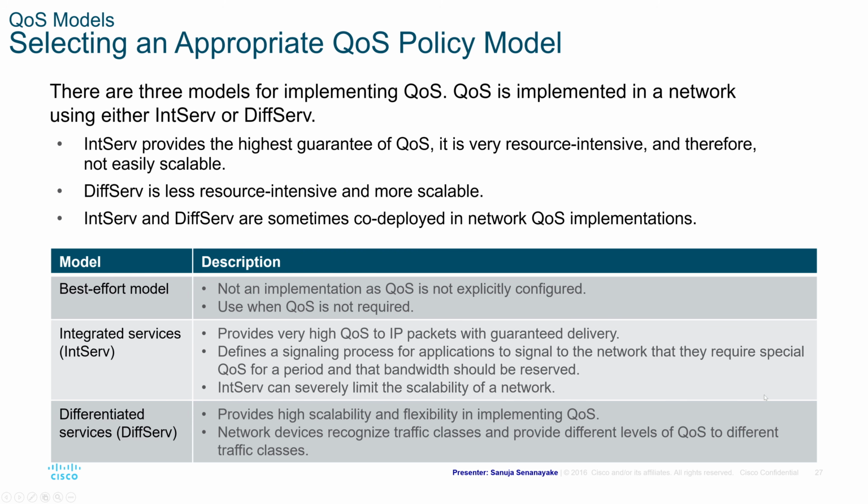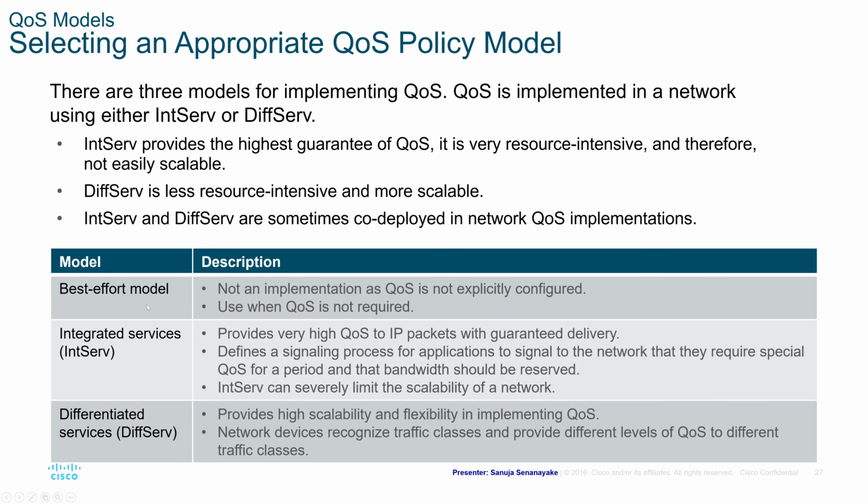So on the bottom of the screen, it summarizes some of the things described up here. So we have the model called the best effort model, which is basically not an implementation of QoS, in that it is not explicitly configured. So it is used when QoS is not required. The best effort model basically says first in, first out.